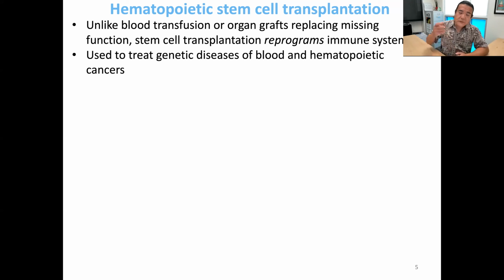Right? Also, stem cell transplants are used in cases of hematopoietic cancers. Right? If the stem cells of a patient's body are the source of their cancer, then what you can do is just say, well, let's get rid of all those cancer-causing stem cells and replace them with healthy stem cells.